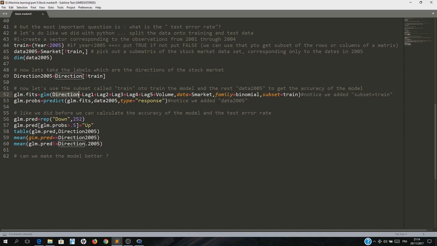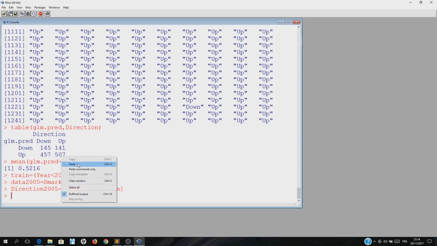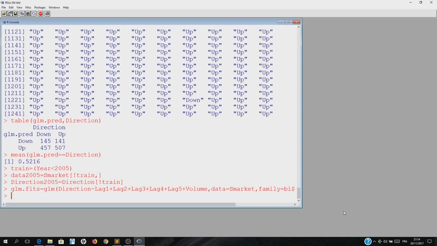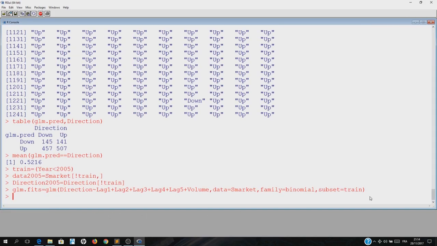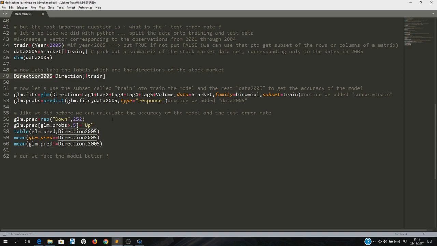So here the direction, all the days, the volume, the data, and of course the family. This is to specify that it's logistic regression, and the subset that we're gonna use for training to fit the data. And of course the rest of the data, other than this subset, is going to be for testing. So yeah. So we create our model. You can also say we fit our data to the model.